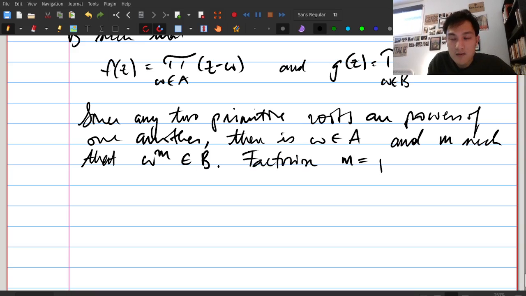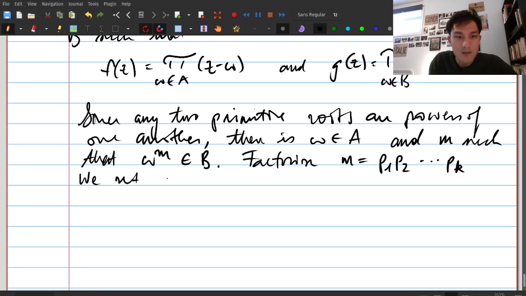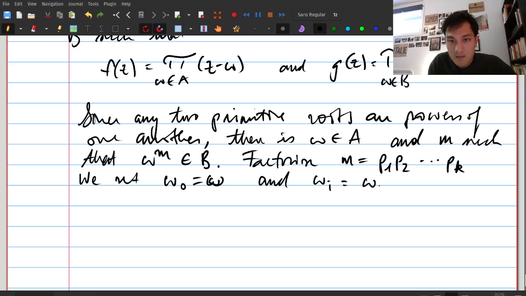Factorize m equals p1, p2, all the way up to pk. Maybe the pi's are repeated, it doesn't matter. And we set omega 0 to be omega, and then omega i to be omega to the power p1 all the way up to pi.